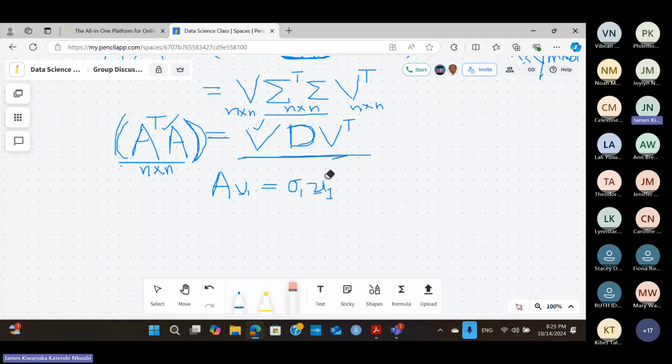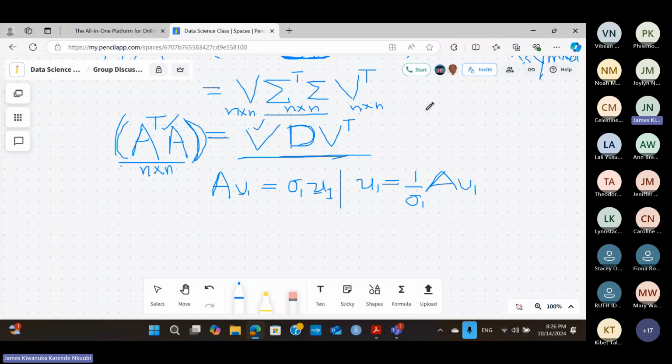Now, if I want to get U1, this means I can get U1 as follows. U1 will simply be, I multiply both sides by 1 over sigma 1, and I get the matrix A multiplied by V1.